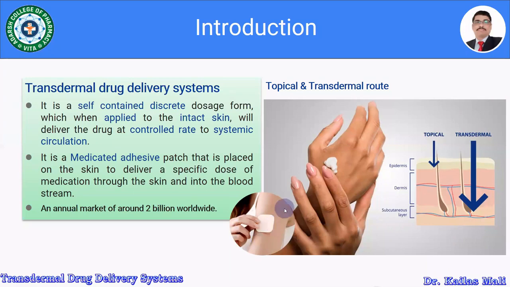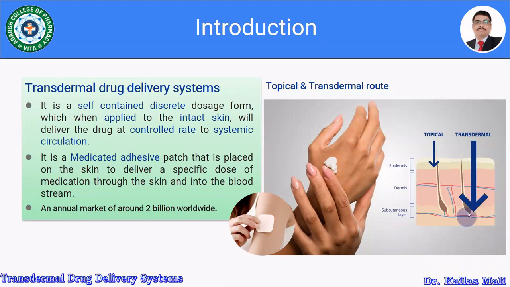So what is the topical? It is just local, right? And in the case of transdermal, whatever the drug is incorporated into the formulation, it is going to be absorbed systemically and it gives the systemic effect.